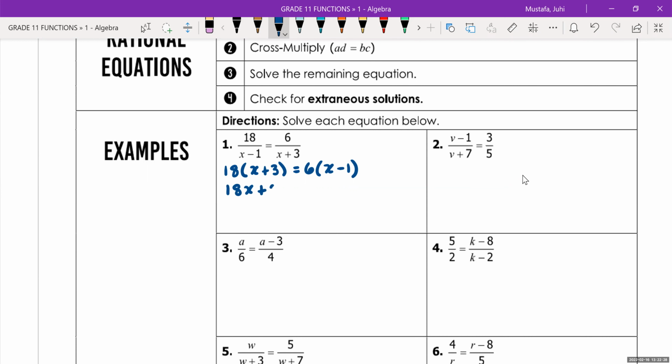What is that, 54? This will be 6x minus 6. I move the 6x to the other side, so 18 take away 6 is just going to be 12x. And then I'll move the 54 to the other side, so negative 6 minus 54 is just negative 60. And so x is just going to be equal to negative 5.